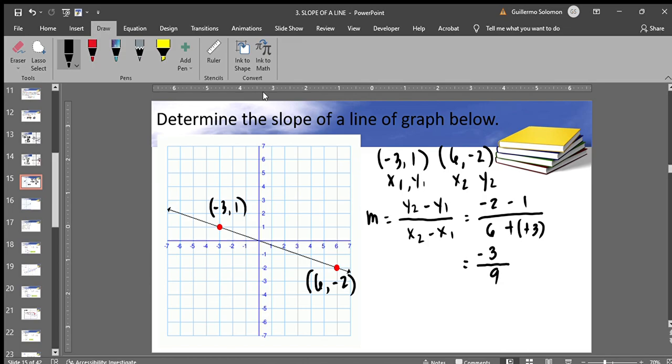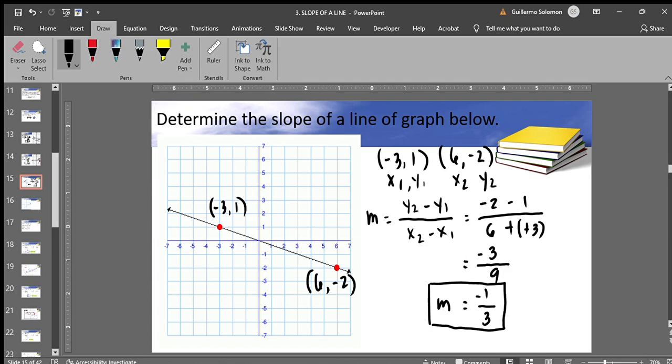And then let us reduce it to lowest terms because 3 and 9 are divisible by 3. So we have negative 1 over positive 3. So our slope here is negative 1 over 3.